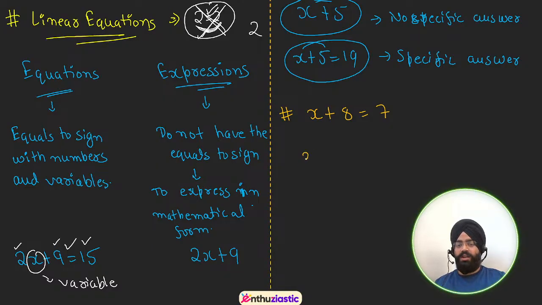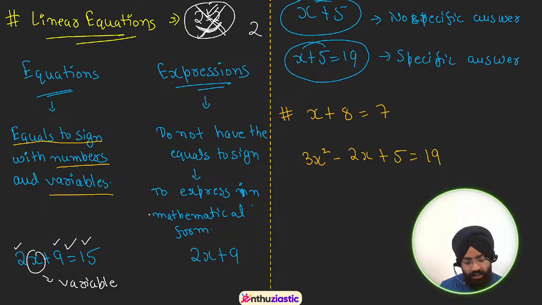If we write down another one, is this an equation or expression? Exactly, this is an equation, because we can see an equals to sign, numbers and variables. There are three things we need to take care of: equals to sign, numbers and variables. All of them must be there. If any of them is not there, then we have to say that it is not an equation. All of them should be over there.